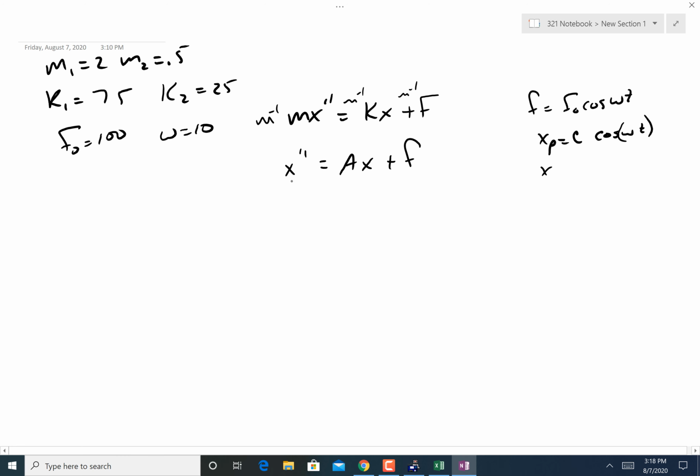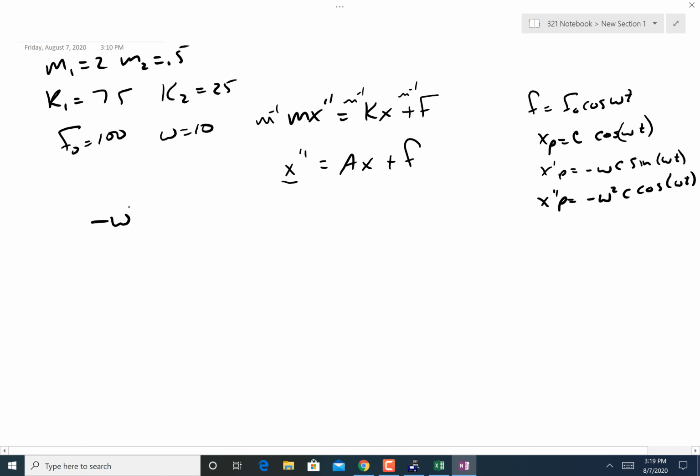Note that I'm interested in x double prime. So I'm going to need x double prime, but to get there, I got to go through x prime. Right? Cool.